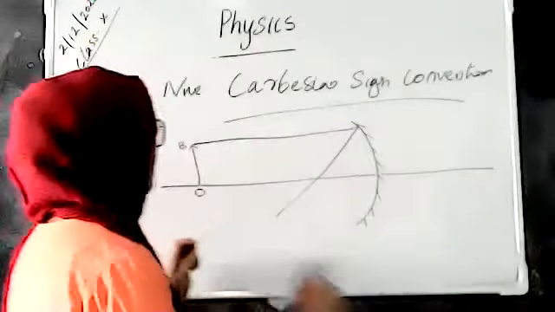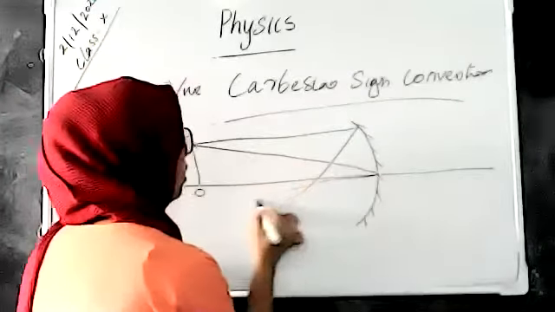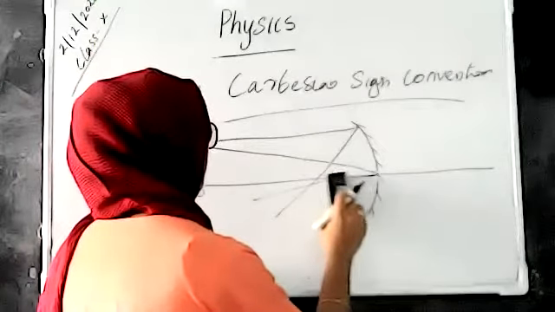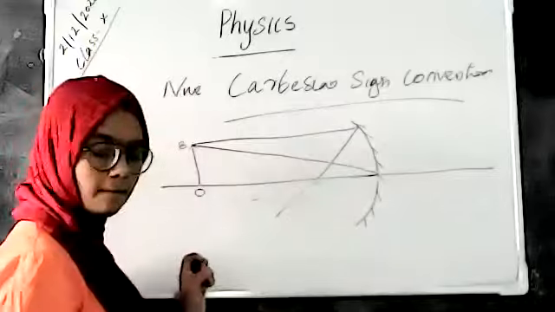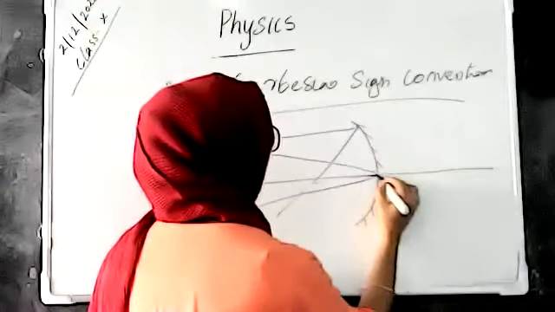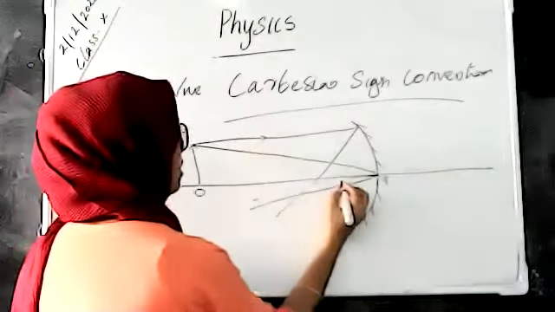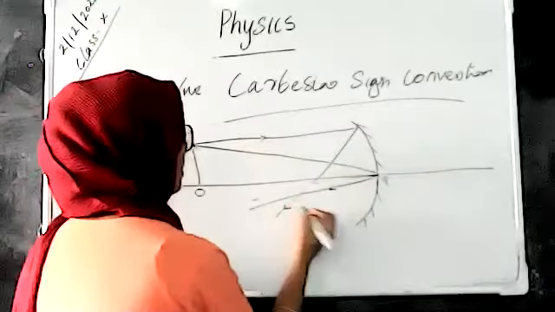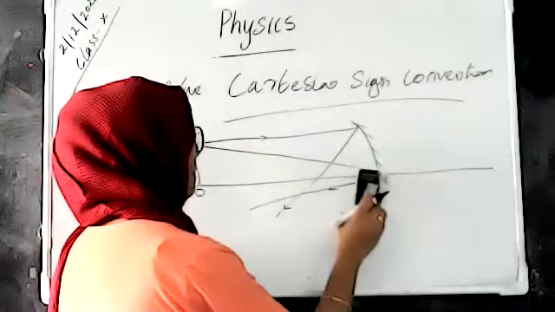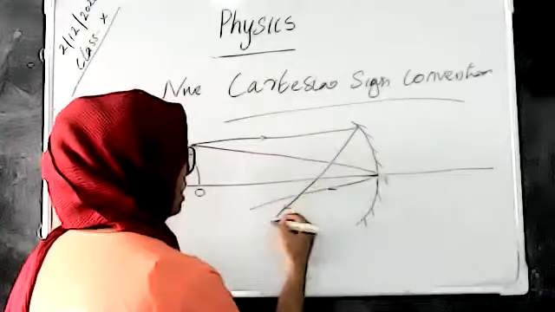One is striking on the pole of the mirror, and the other one is reflecting, and the image is formed when the two lines intersect.